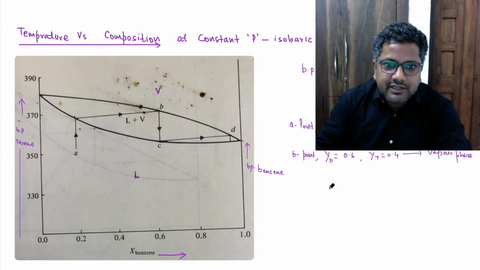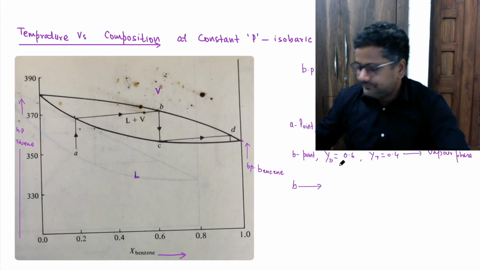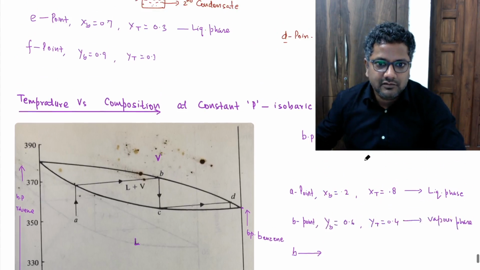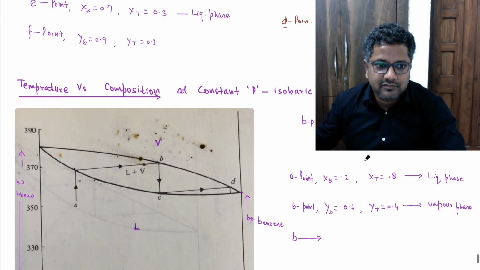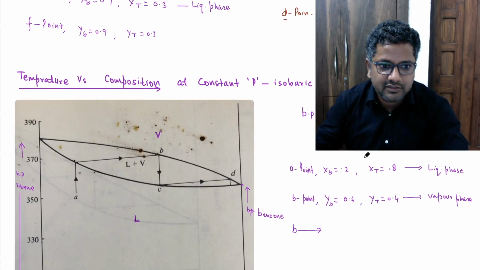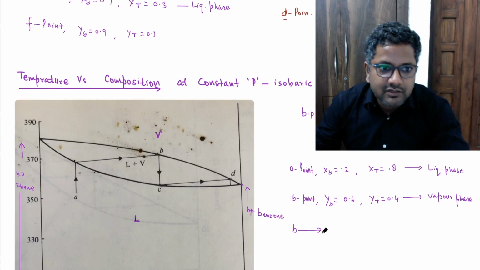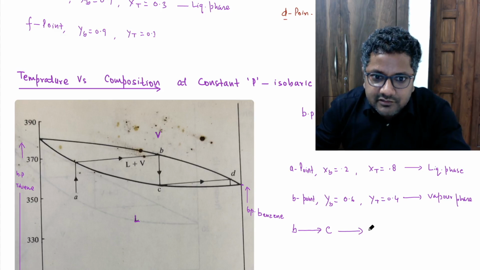Now B to C, this B to C represents the condensation. Sometimes this adjustment is also important because you people cannot see. So B to C, this is first condensation.